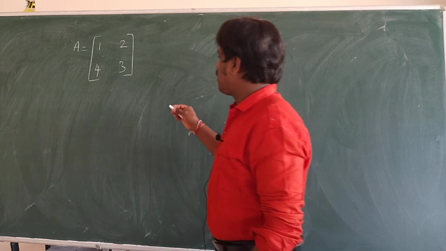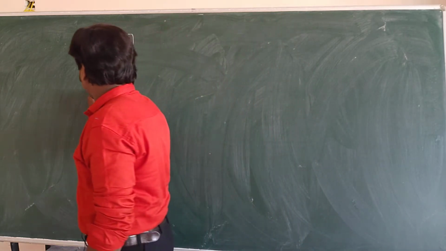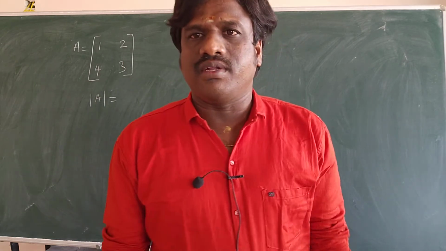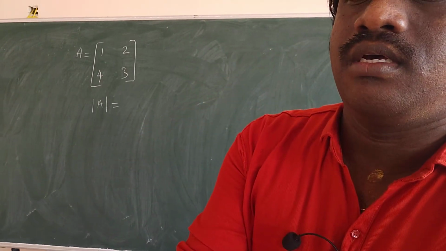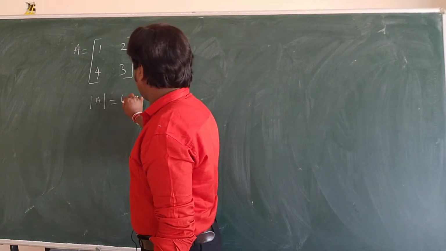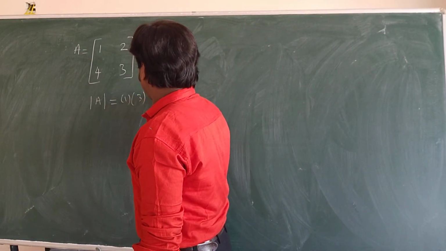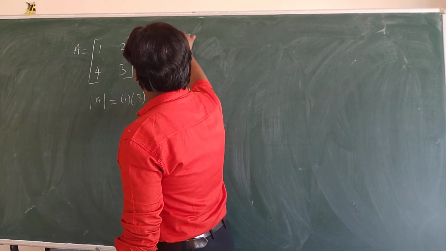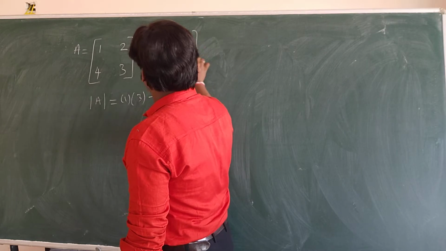To find the inverse of the matrix, directly find the determinant of A first. Whenever you want to find the inverse of a matrix, first find the determinant of A. Determinant of A is AD minus BC, where the matrix is A, B, C, D like this.